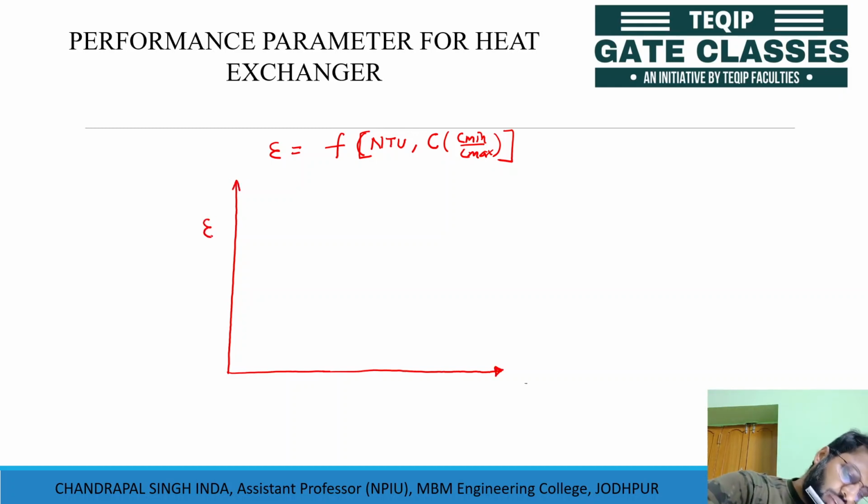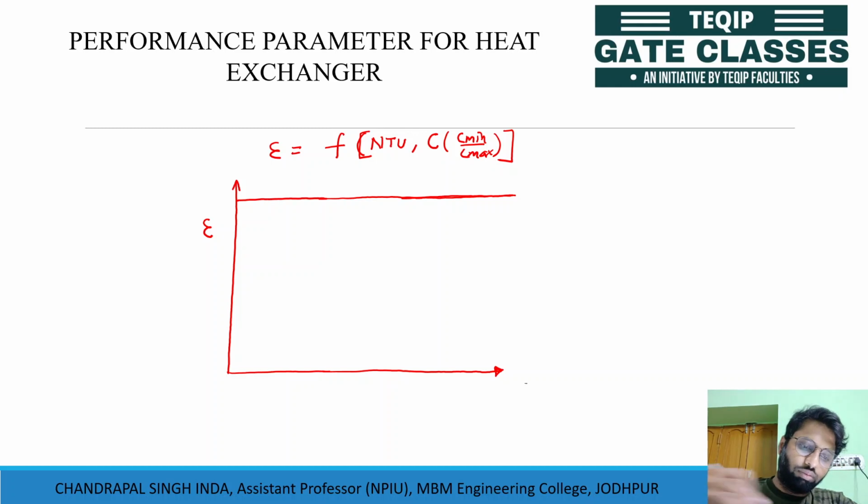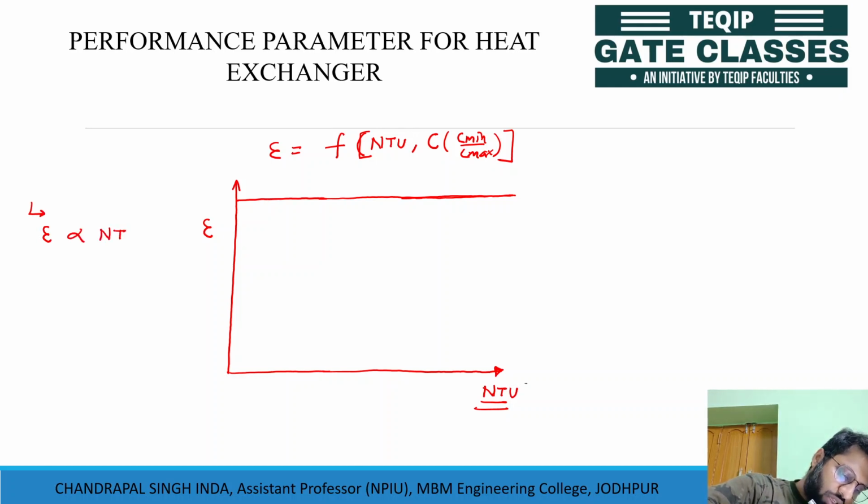This axis is effectiveness, and the maximum possible effectiveness is 1. On the other axis we will have NTU, and we know that the effectiveness is proportional to the NTU. As the value of NTU increases, the effectiveness increases.